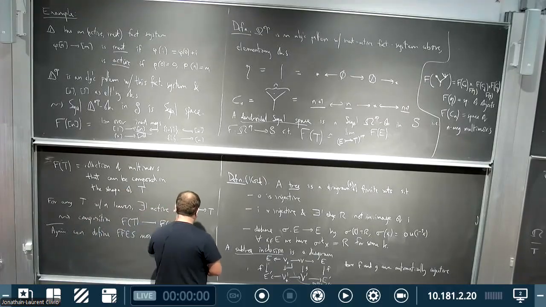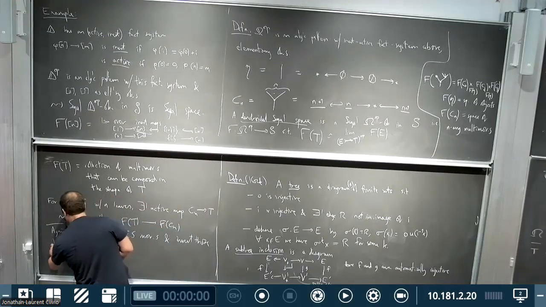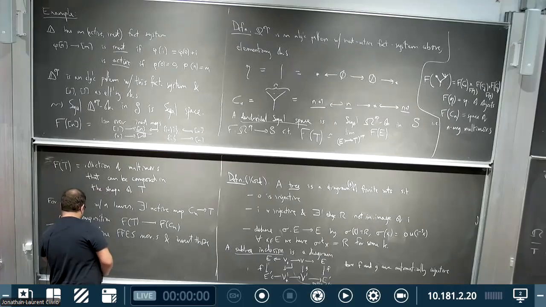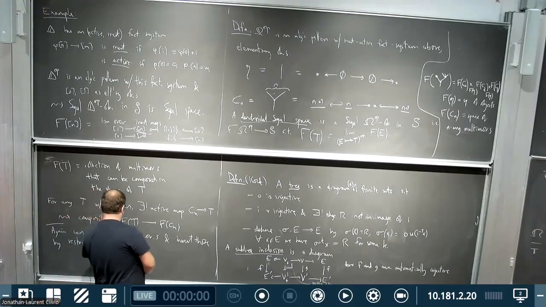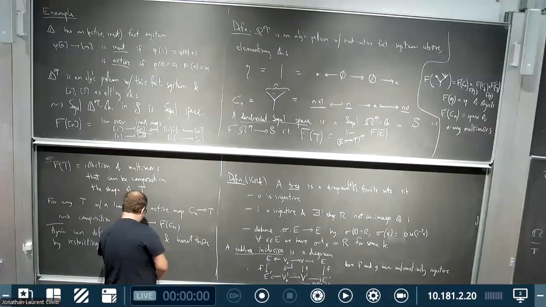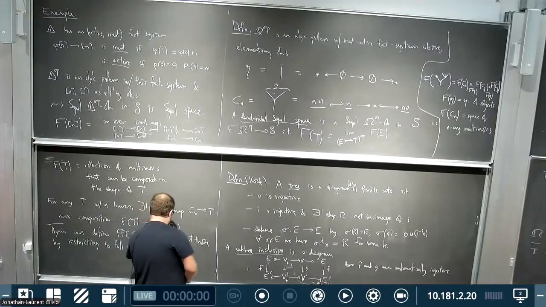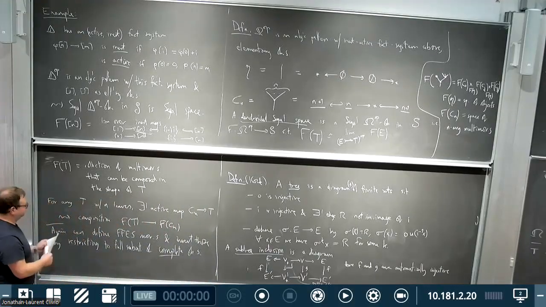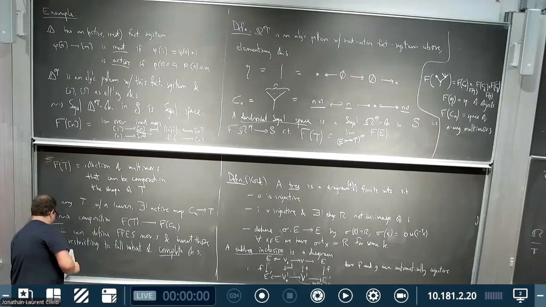And if we invert those, we can invert those by restricting to the full subcategory of complete things. And it's actually the same.